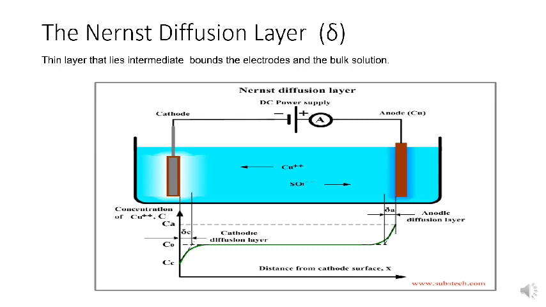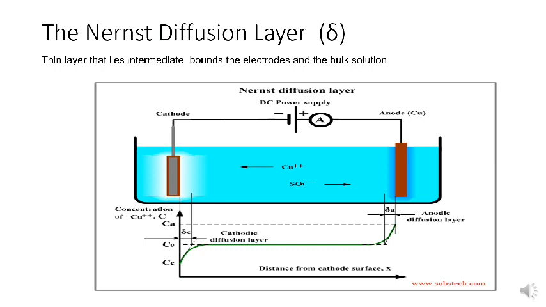On the right hand side, you can see the anode electrode is copper, so it starts to dissolve. That's why the blue color is darker than the copper 2 plus bulk solution. The dark blue color represents the Nernst diffusion layer at the anode, near the anode surface.